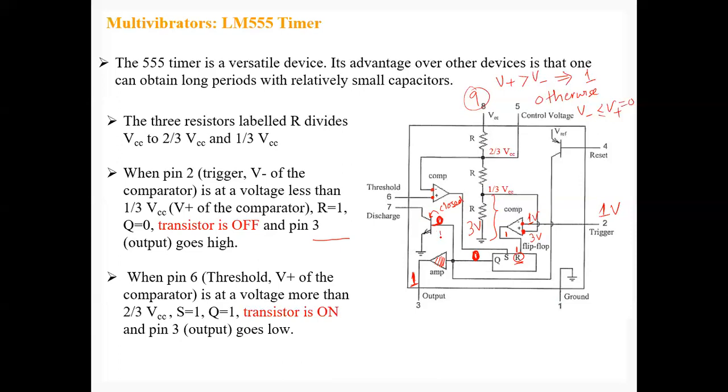When this is 0, it is closed. When this is 1, I should have said open. When this is 0, this acts as an open switch like this, open. When this is 1, this acts as a closed circuit. This is 1, this is 0.